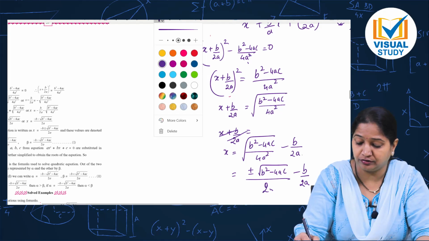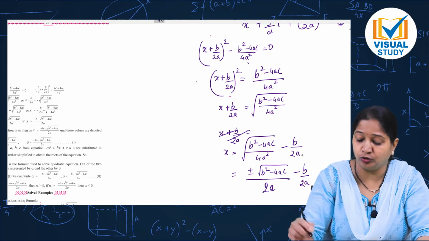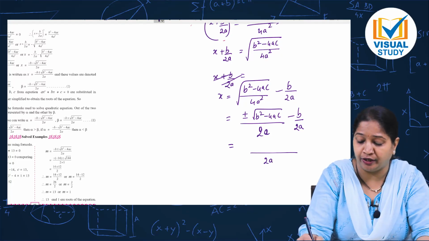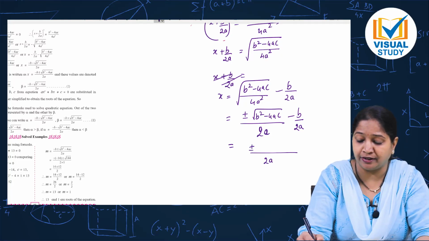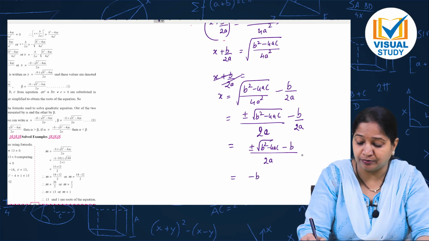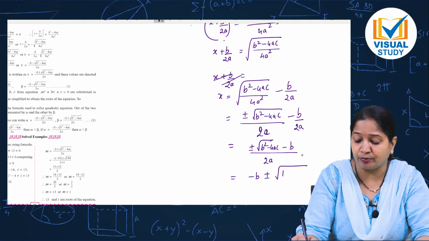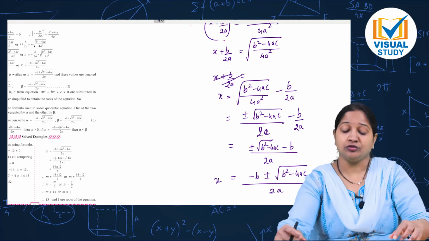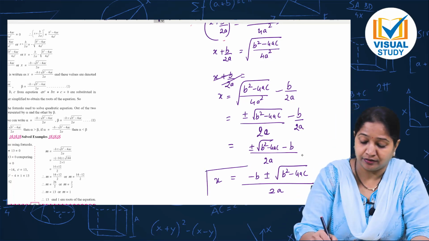Now by taking the LCM, we get 2a. So you can write it in proper form, that is x equals minus b plus or minus root b square minus 4ac upon 2a. Now this is your formula.